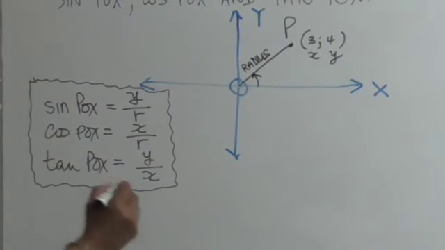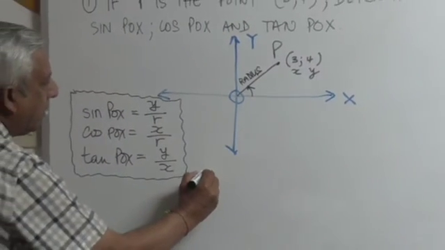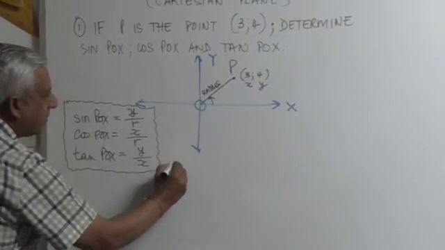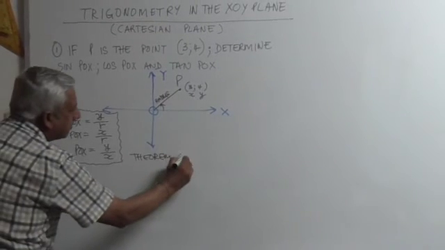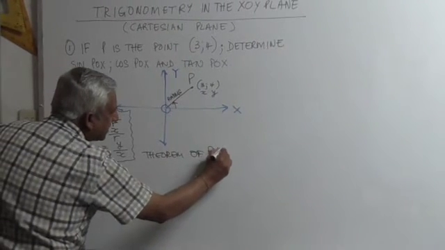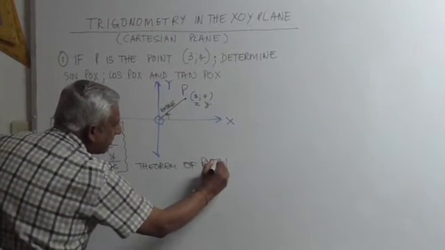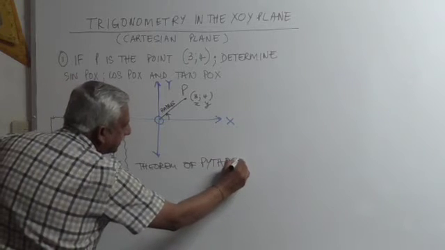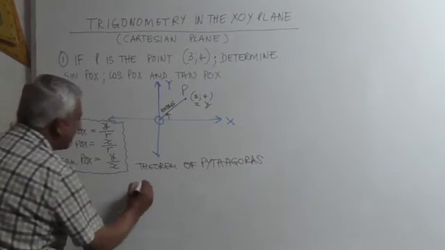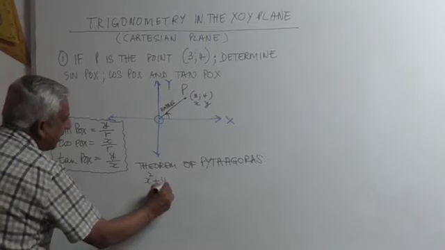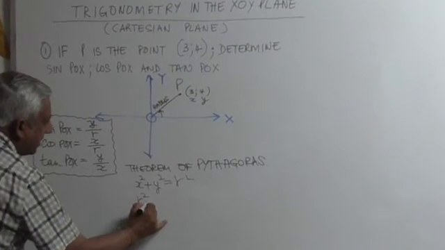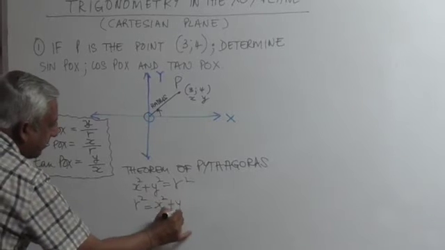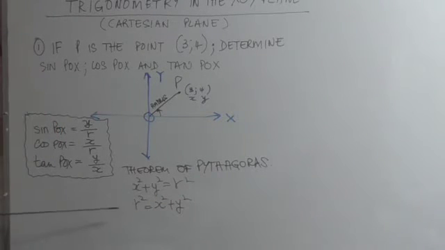Now we rewrite the theorem of Pythagoras slightly differently. We say that x squared plus y squared is equal to r squared, or r squared is equal to x squared plus y squared. So that's how you write the theorem of Pythagoras now.